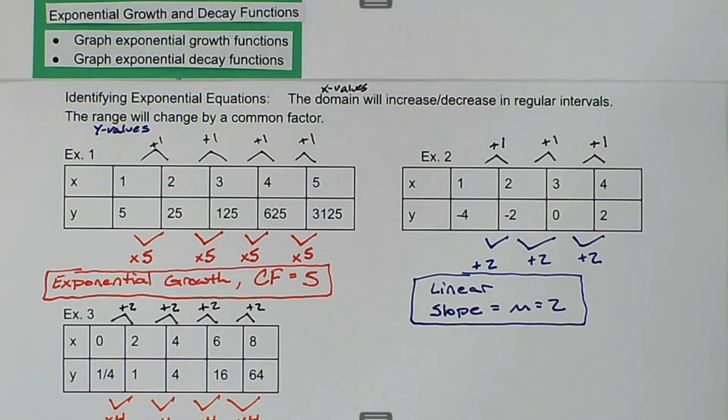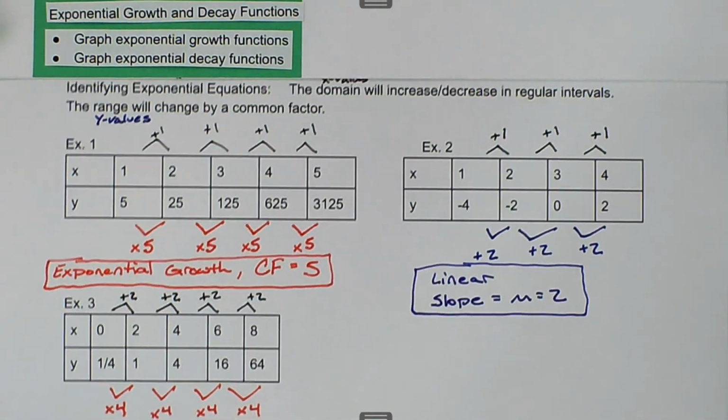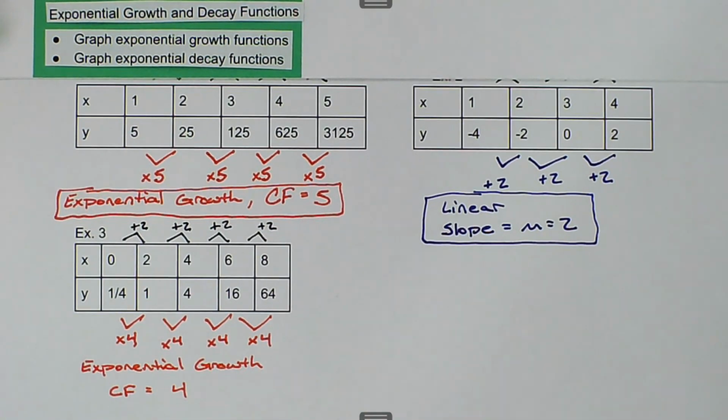So in this case, we are still doing exponential growth, and that is a common factor of 4.